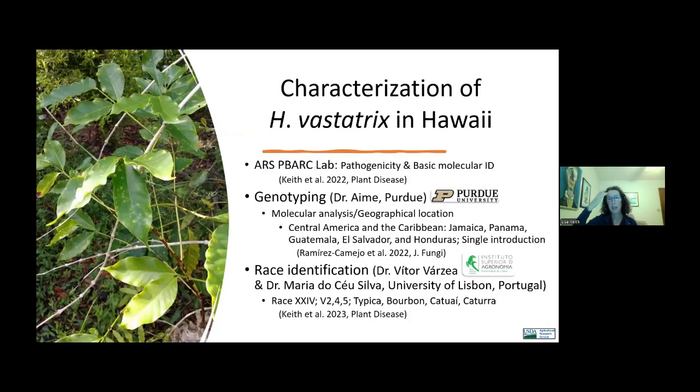So to characterize the pathogen in Hawaii, we had to not only prove pathogenicity, but we developed methods for rapid early detection, including a new qPCR method for Hemileia vastatrix. We were very fortunate to work with experts throughout the world, genotyping with Dr. Aime at Purdue University to figure out where it might have come from, where its closest related cousins are, what part of the world.